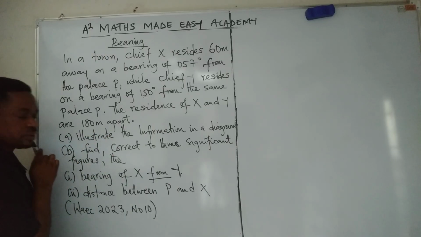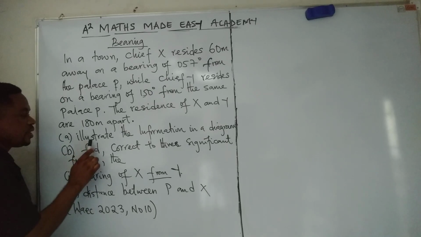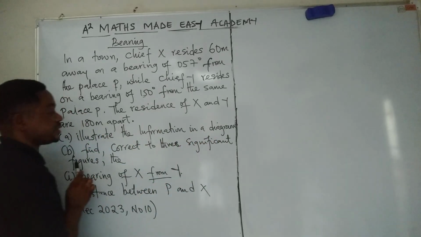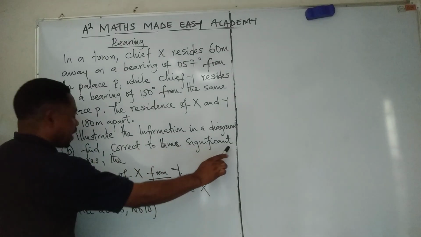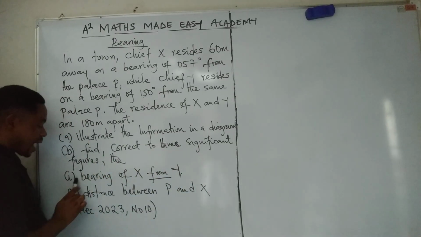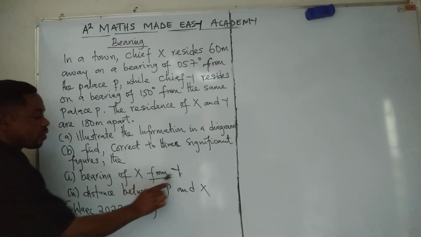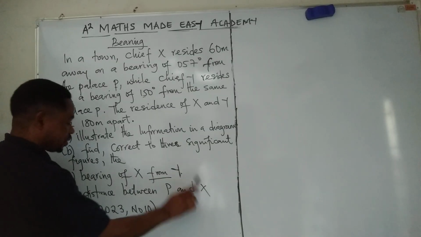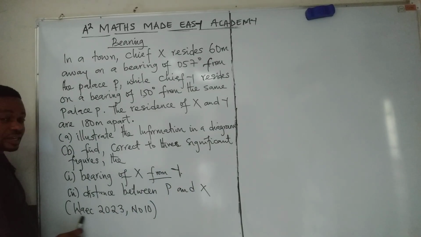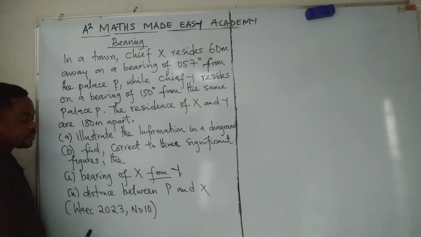Question A says, illustrate the information in a diagram. Then B says, find, correct to three significant figures, (i) the bearing of X from Y, (ii) the distance between P and X. This question is taken from WAEC 2023, question number 10.